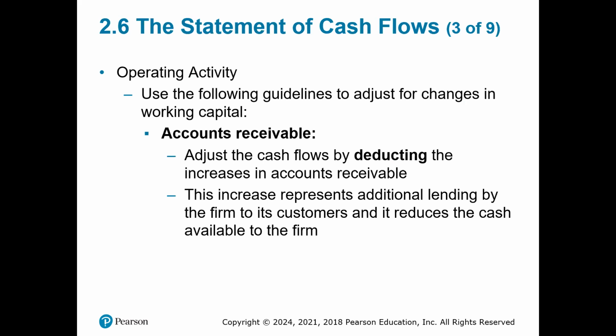Now, this adjustment is essential because the rise in accounts receivable signifies additional credit extended to customers by the company, essentially acting as a form of lending. However, it reduces the immediate cash available to the company.